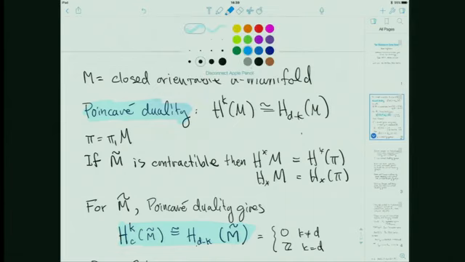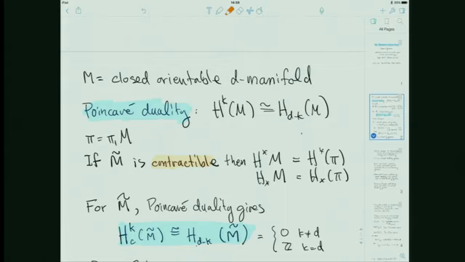Now, a contractible manifold doesn't have a lot of homology. It's just got homology in one dimension. And Poincare duality is going to kind of flip that dimension with cohomology with compact supports. So you'll get a Z in dimension D, where D is the dimension of the manifold.